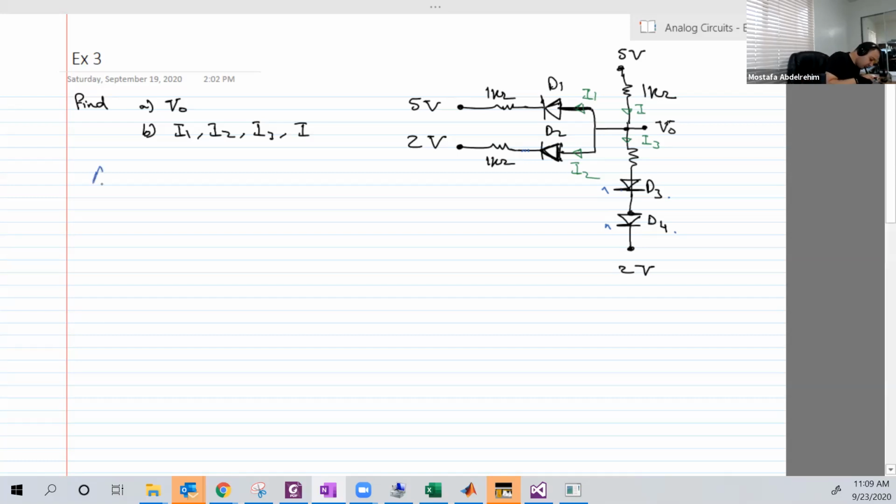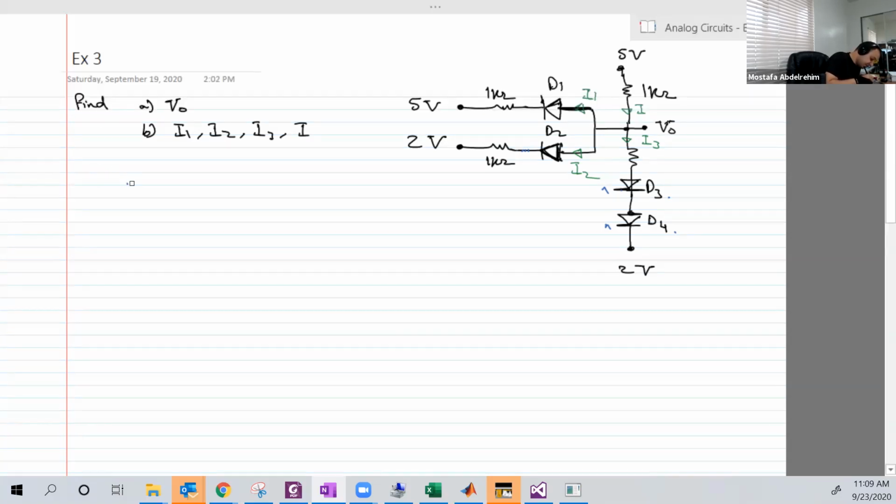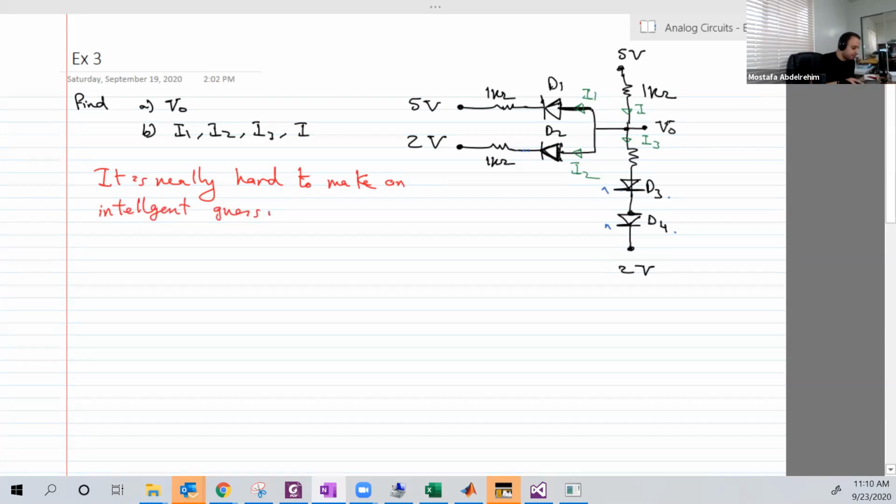Okay, so let's write this down, that it is really hard to make an intelligent guess. And that is the main purpose of that example, to show you what to do when you have many diodes in the circuit.